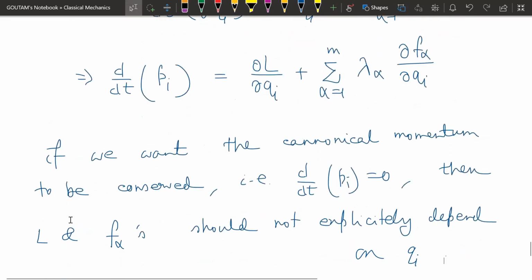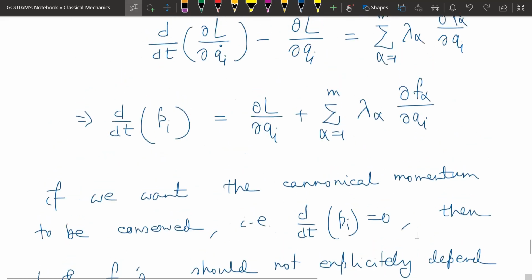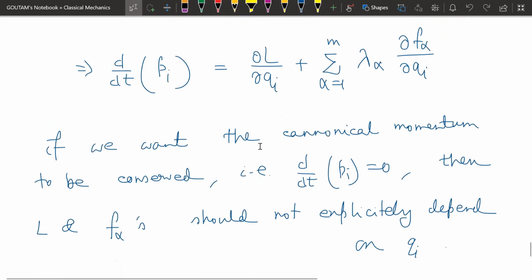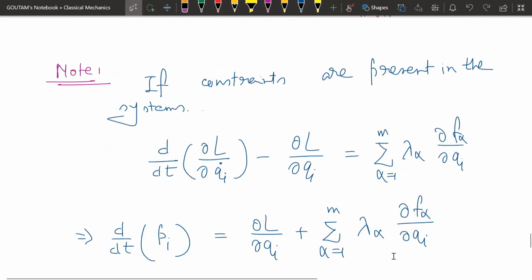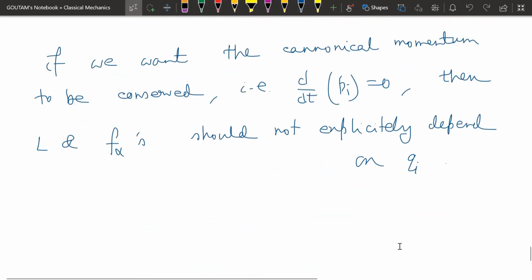So not only the Lagrangian, but the constraint equations also should be independent of these q_i's, if we want the canonical momentum corresponding to this q_i to be conserved. So that's the modified conservation equation for systems with constraints.